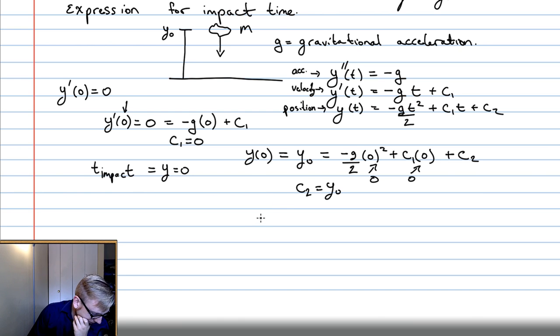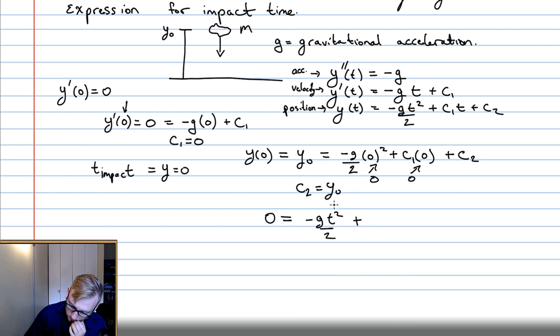So our t impact is when y is 0. So its position is 0. So if we have 0 equal to negative g t squared over 2 plus c2, because c1 is 0.